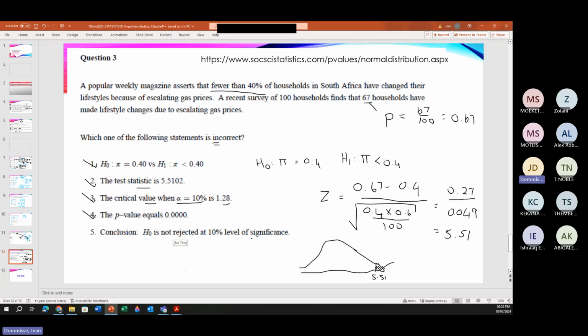Okay, so let's now look at the two options. So there's your T-stat.